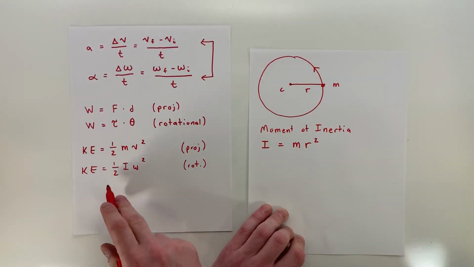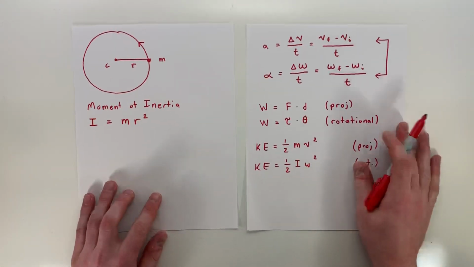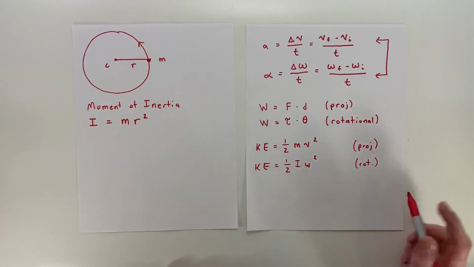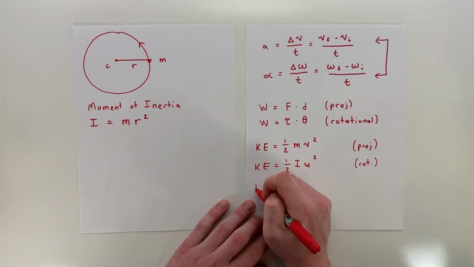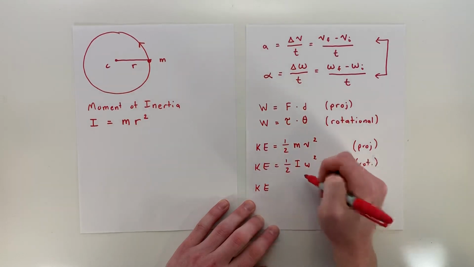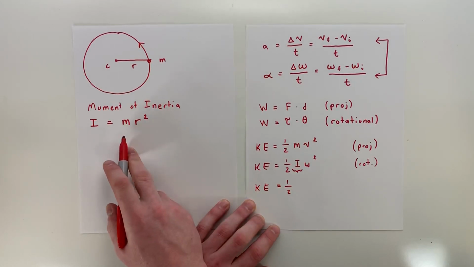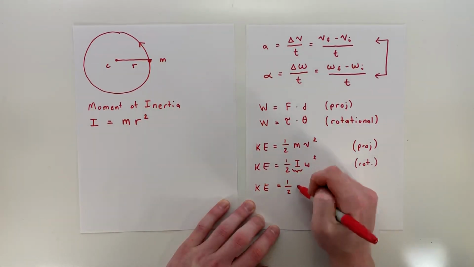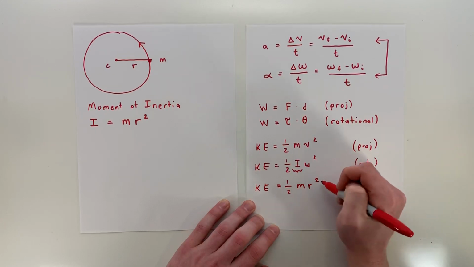So look at this formula we have over here. Let's say we have this same scenario. We want to calculate the kinetic energy. So what we can do is replace that I term with this term here, mr squared.